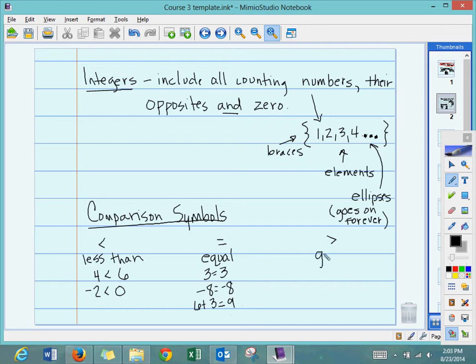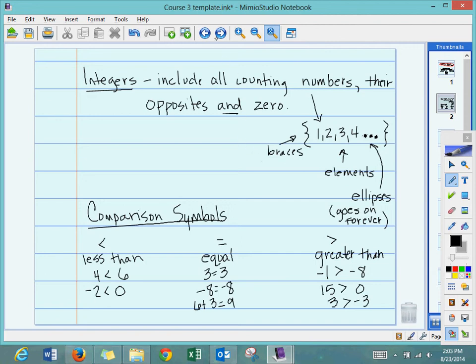The symbol on the right over here is greater than. So if we use numbers, negative 1 is greater than negative 8. 15 is greater than 0. And 3 is greater than negative 3. Okay, so those are just some examples there using comparison symbols.